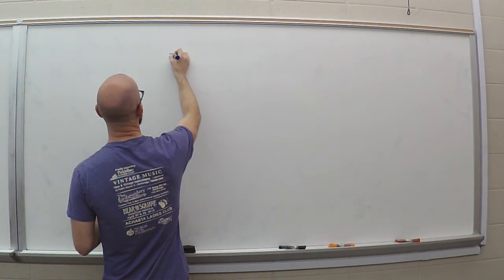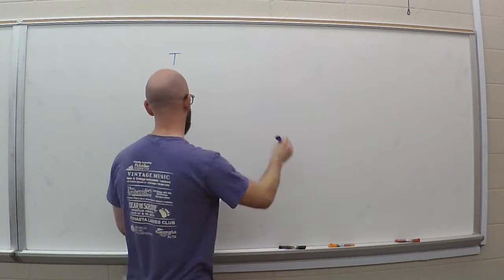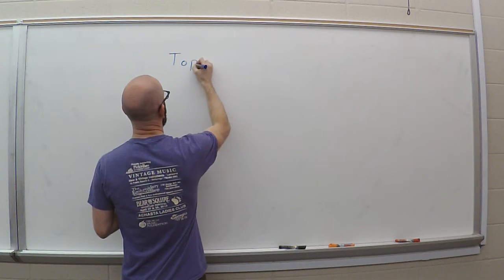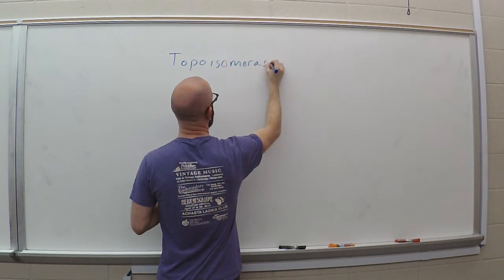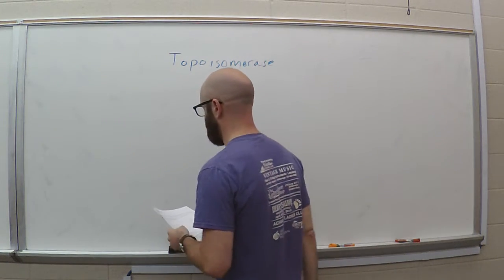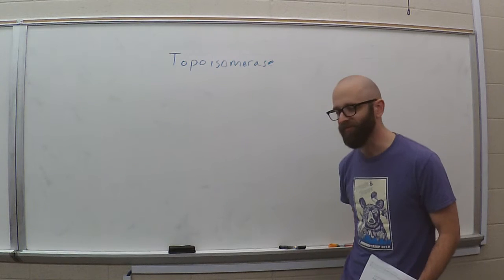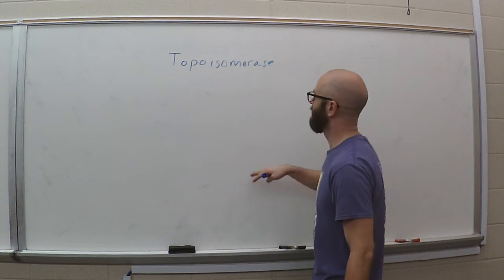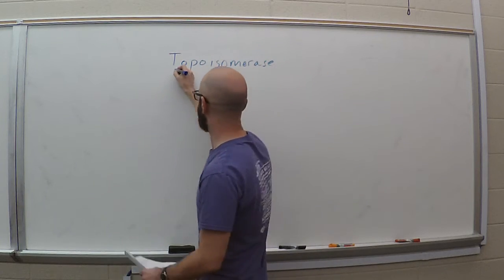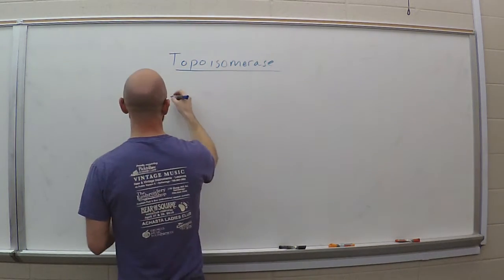The protein, the enzyme that relieves supercoiling is called topoisomerase. So the supercoiling that's created by that replication fork will get relieved by this enzyme topoisomerase.